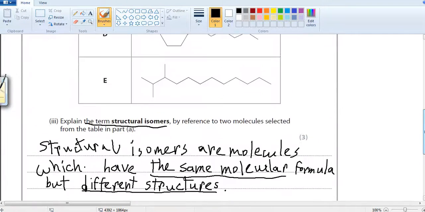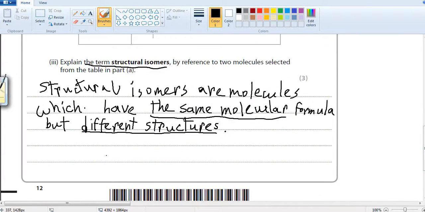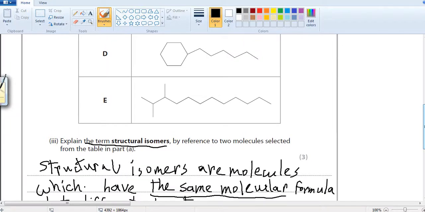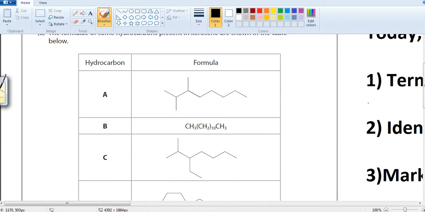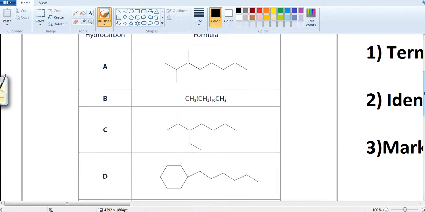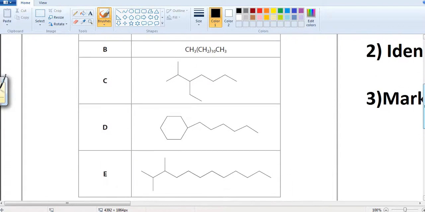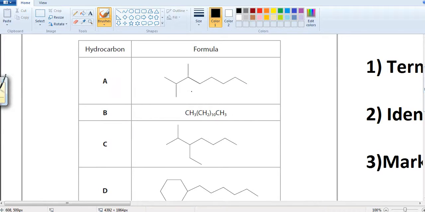The criteria for being structural isomers is that they should have the same molecular formula but a different arrangement or different structures. So let us compare A and B.